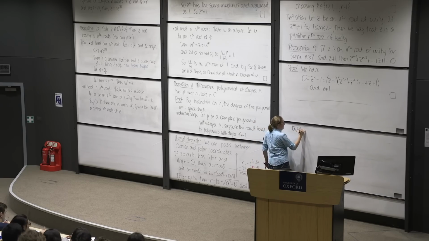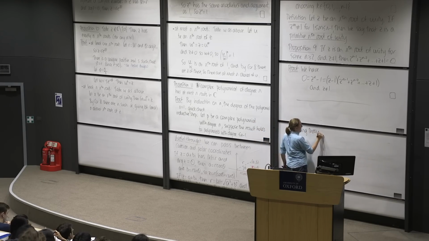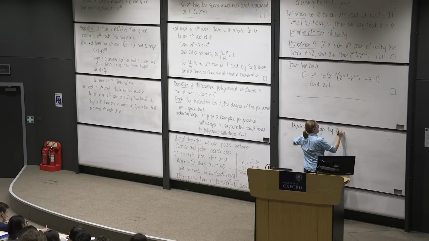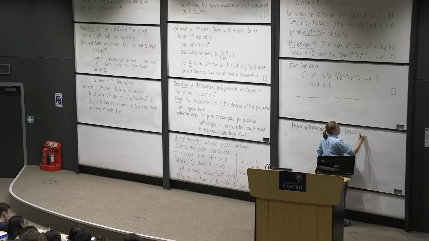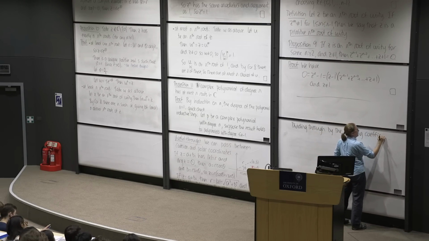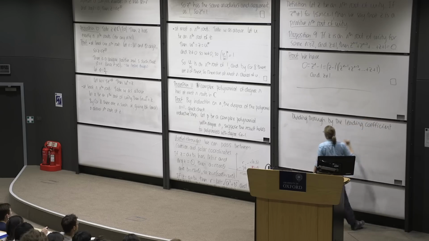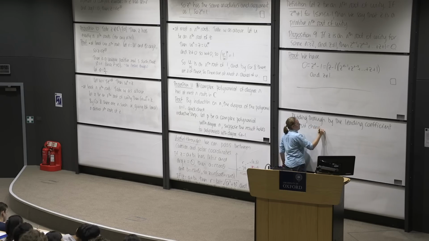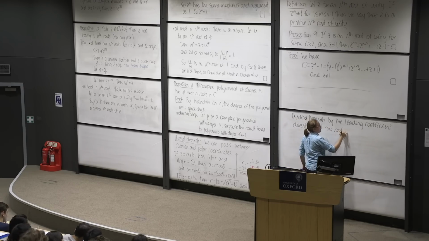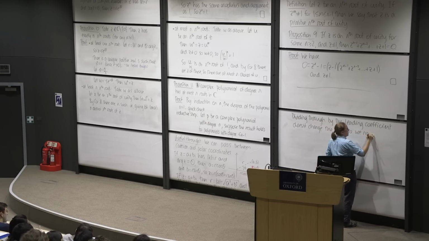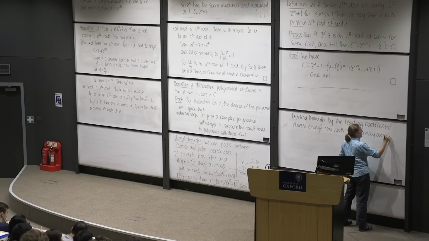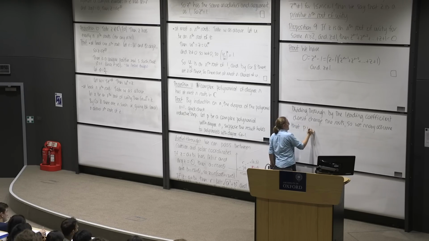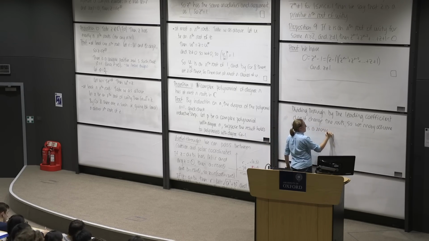Dividing through by the leading coefficient, the coefficient of x to the n, doesn't change the roots. And what that means is that we may assume that P is a monic polynomial.